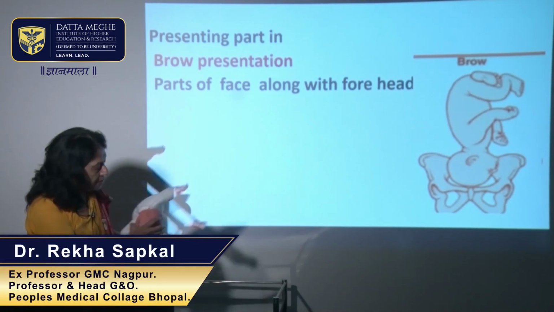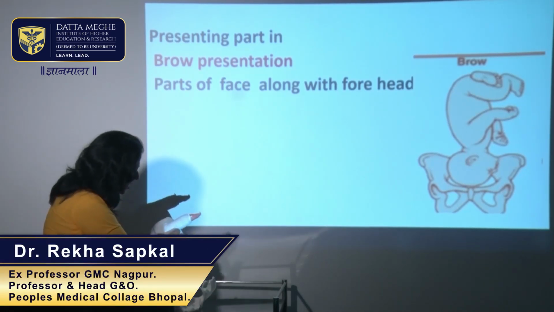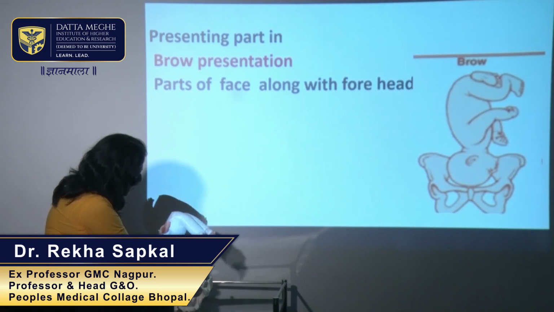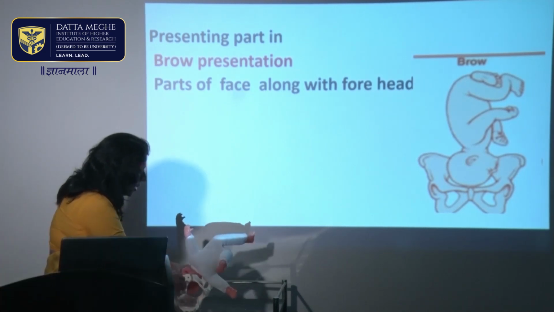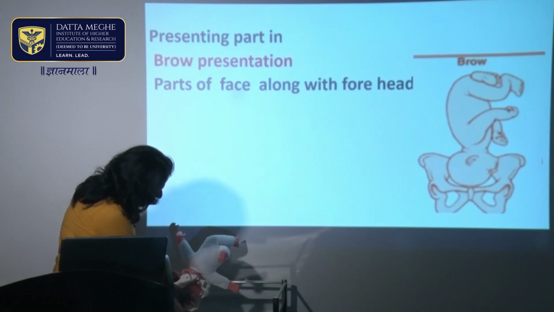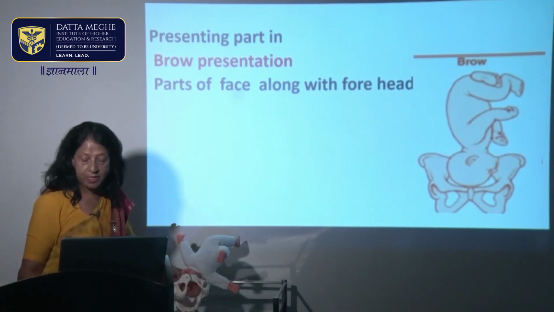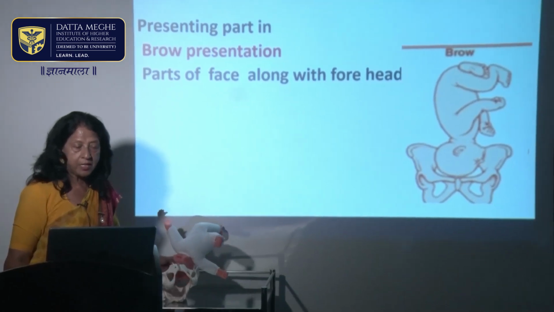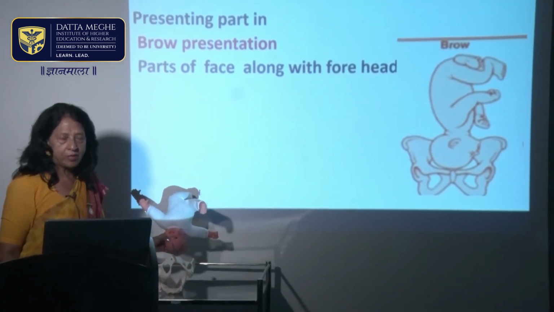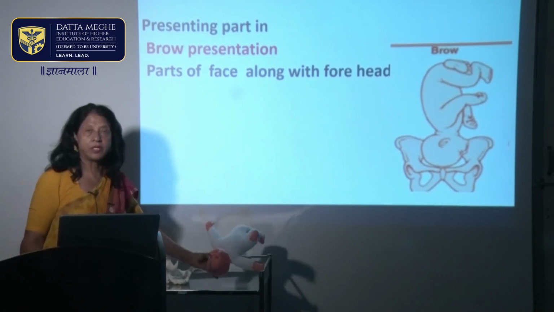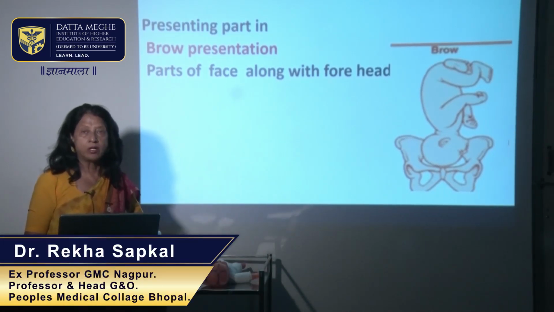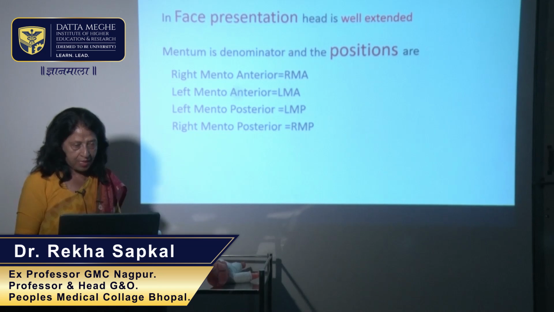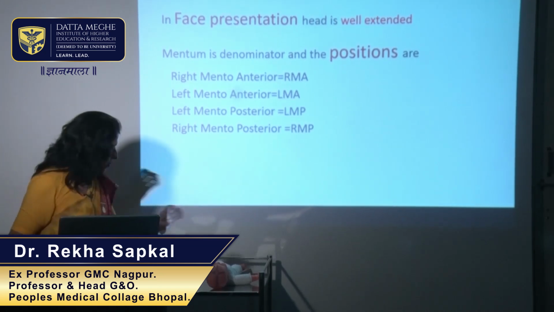If it is like this anteriorly, then it is known as anterior brow. If it is posteriorly like this, then it is posterior brow. So, which portion of the frontal bone is down decides whether it is anterior brow or posterior brow. Whatever it may be, whether anterior or posterior, the labor is not going to occur in brow presentation.